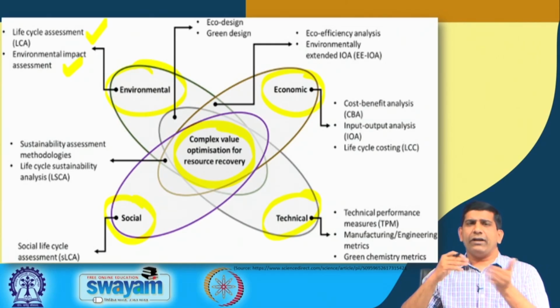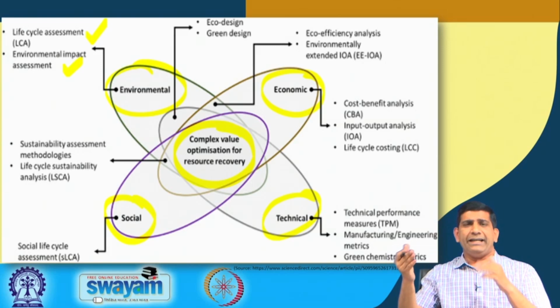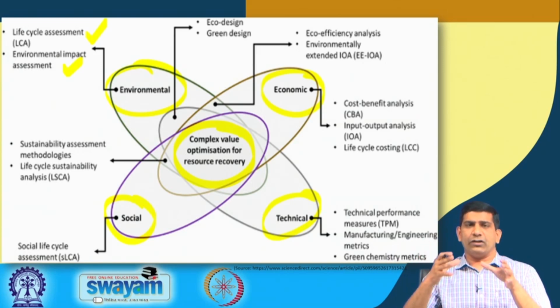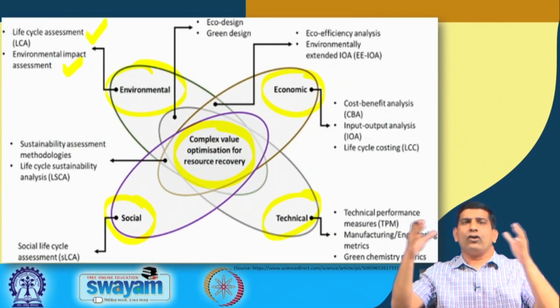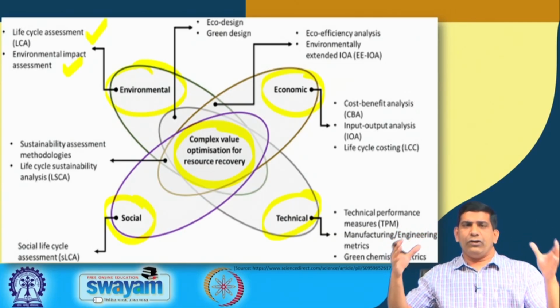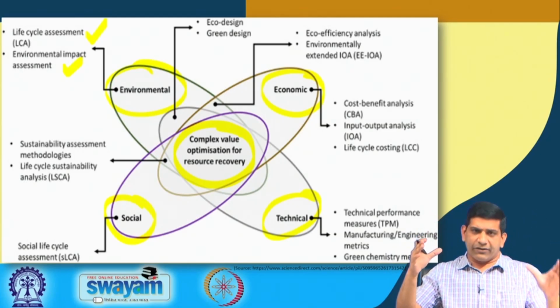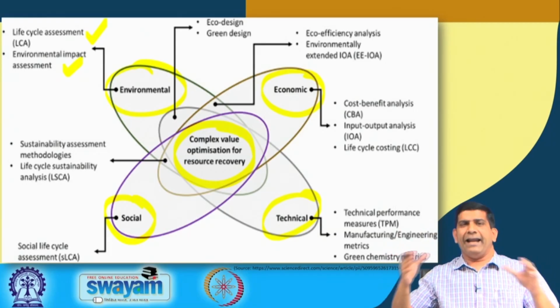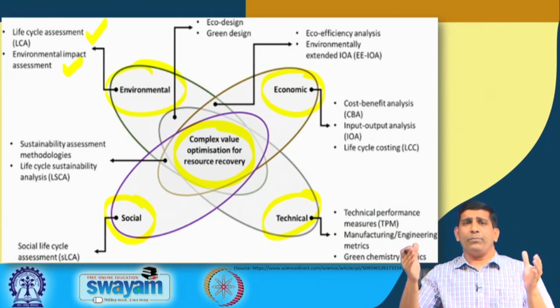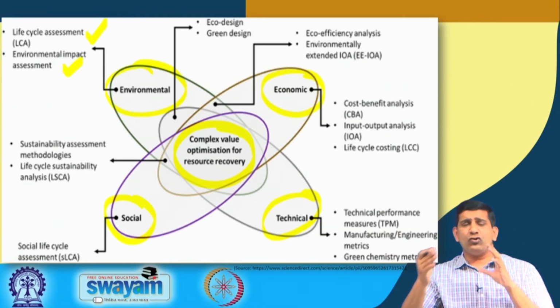LCA, which is kind of a bigger brother of EIA, goes much broader. EIA is a localized focus study. LCA is a global aspect, where you are looking at things from a global perspective. So, you go from cradle to grave with a global perspective, because things do move around.